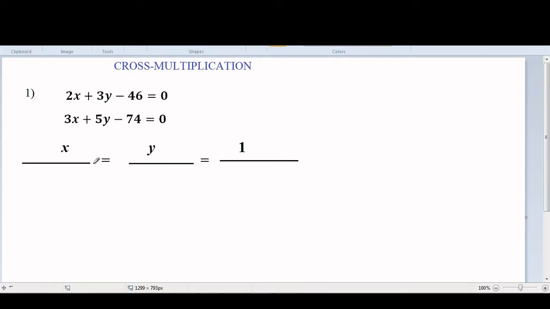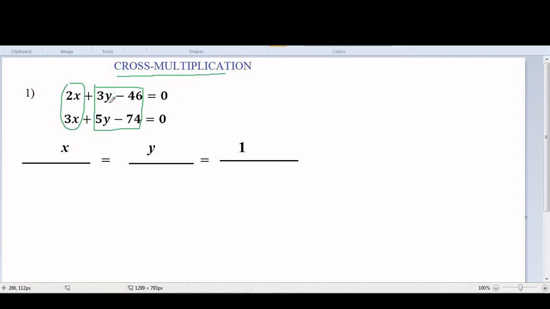Now how to fill up these gaps? For solving x, you can see over here I have written the equations like the previous form. Now for solving x, just ignore this portion, and just focus on this. As the method suggests, cross multiplication.